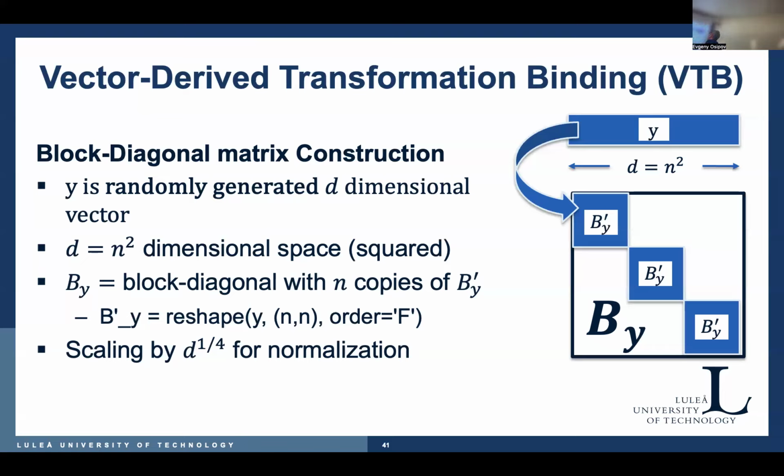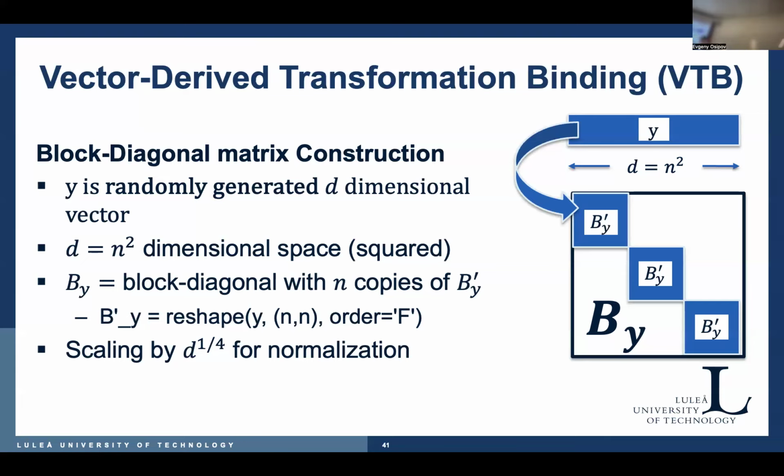That's your basic building block, B prime. Then you can form a bigger matrix out of these blocks by placing them on the diagonal. At the end, you will compute a matrix of dimensionality d by d.